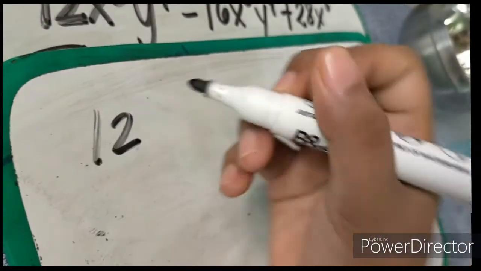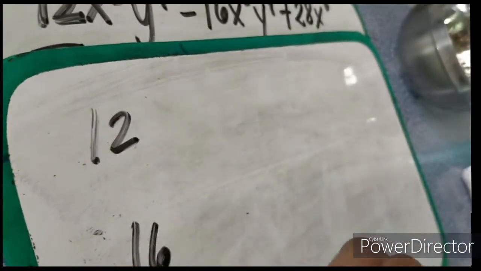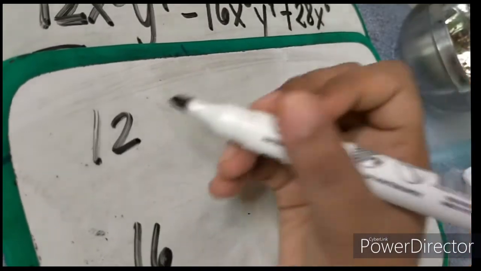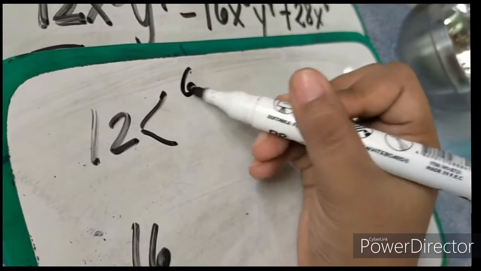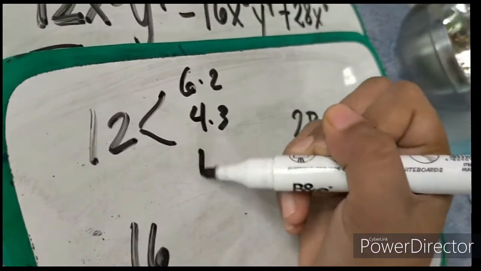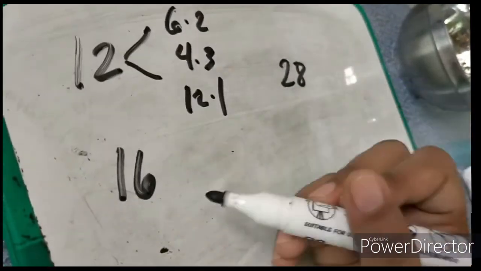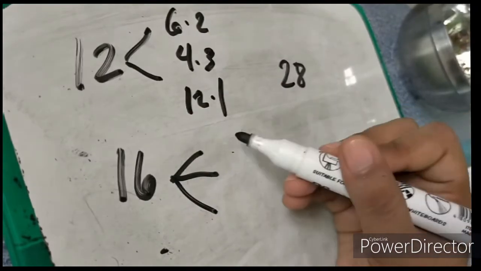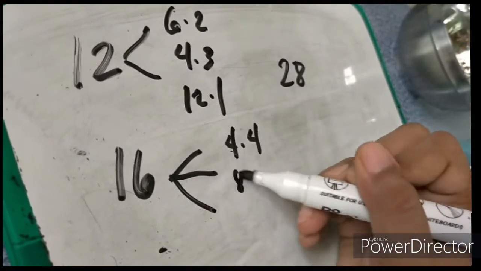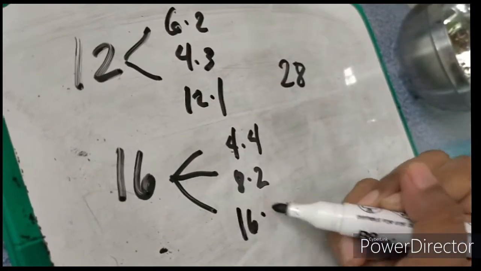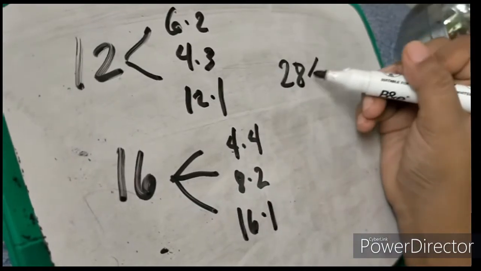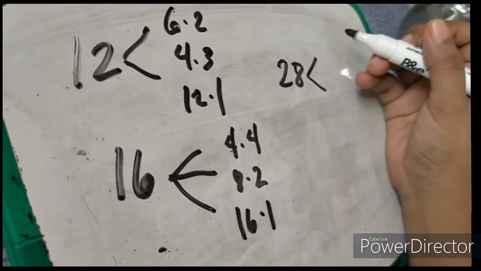So we have 12, 16, and 28. What are the factors of 12? 6 times 2, 4 times 3, and 12 times 1. How about the factors of 16? We have 4 times 4, 8 times 2, and 16 times 1. How about 28?